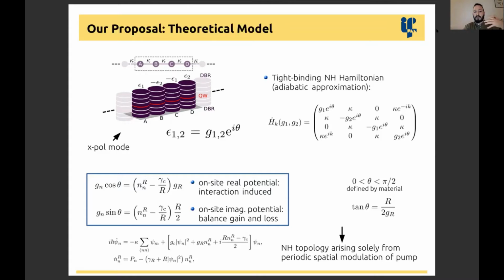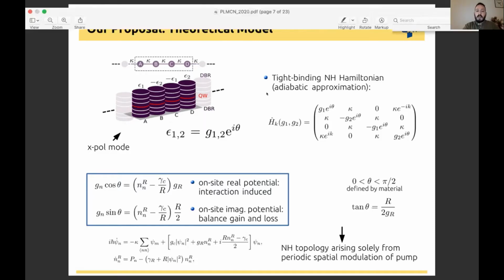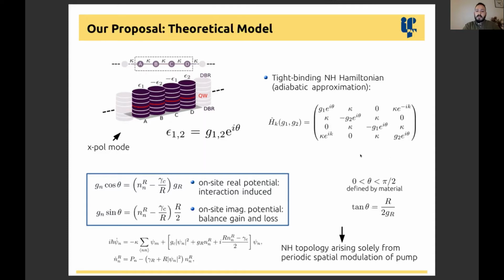Now we can parameterize how much real part and how much imaginary part we have in our on-site potential by this parameter theta. As you can see here, for realistic experimental parameters, theta has to span the interval between 0 and pi over 2, and is actually defined by the material of the experiment, knowing that this theta is a function of the scattering of the excitons from the reservoir to the condensate over the interaction between these excitons and polaritons.